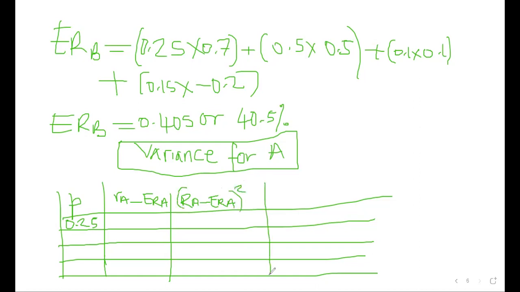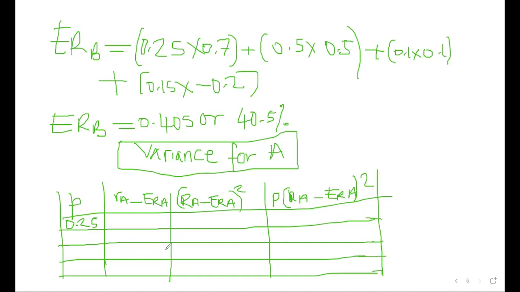Then this other one will be probability times return A minus expected return A squared. So this is it on the aspect of getting the variance.